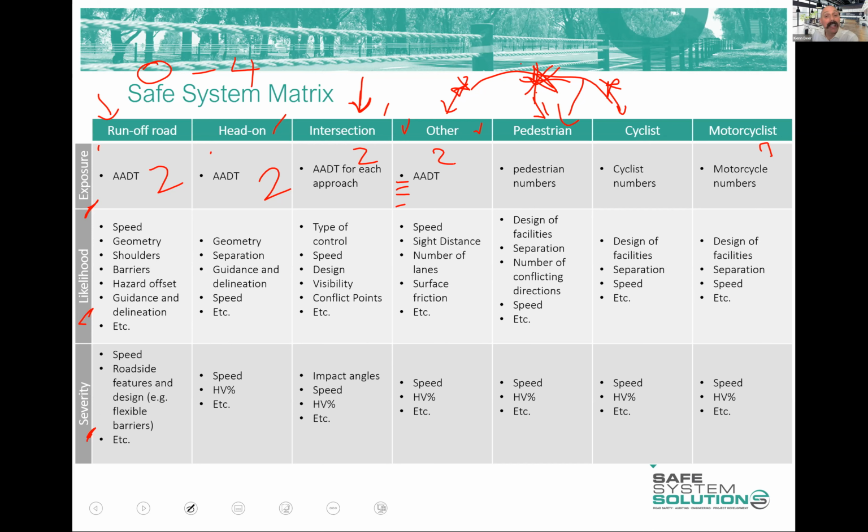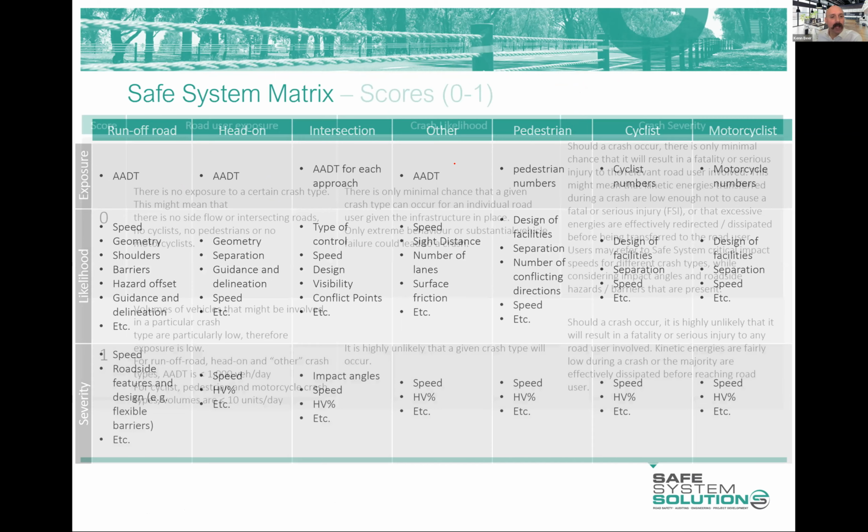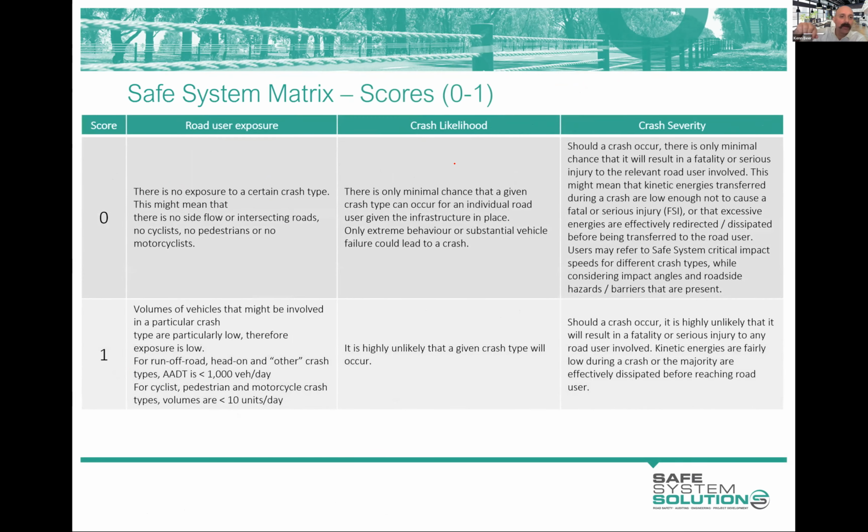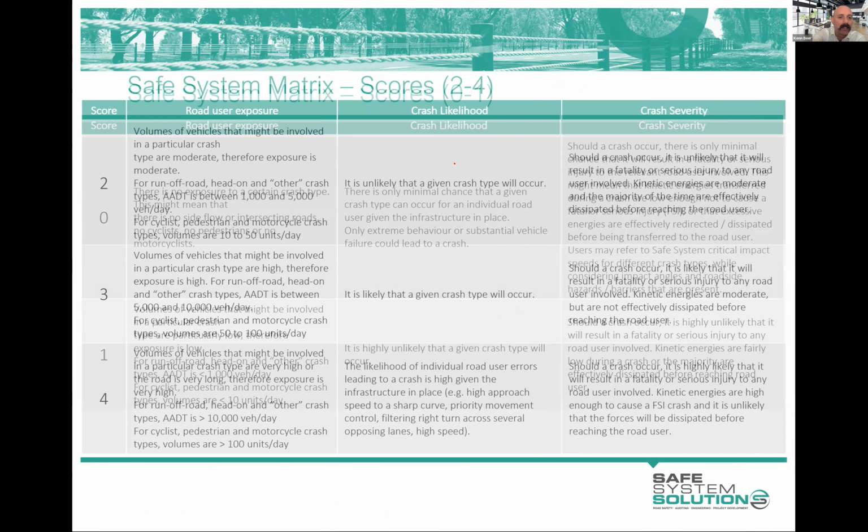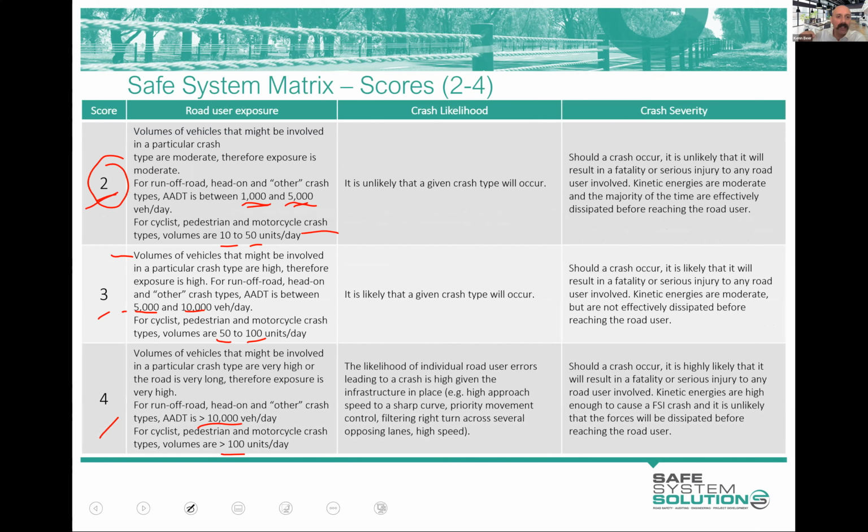But you then may need to make a judgment call, from your site visit, what you've viewed, or asking them, is there a lot of pedestrians, where are we at. And this is where you can look and say, okay, for cyclists, pedestrians, and motorcyclists, 10 to 50 units a day, 50 to 100 units a day, more than 100.